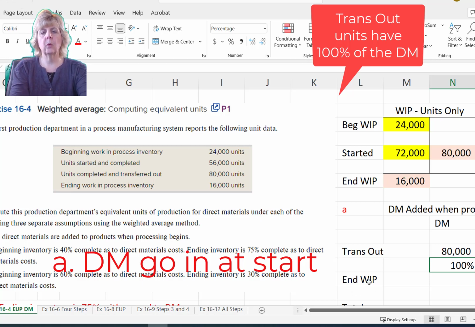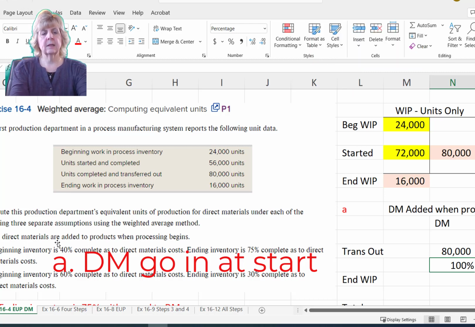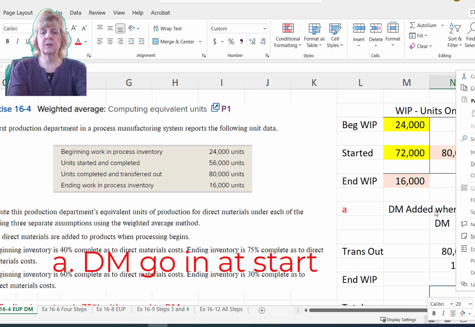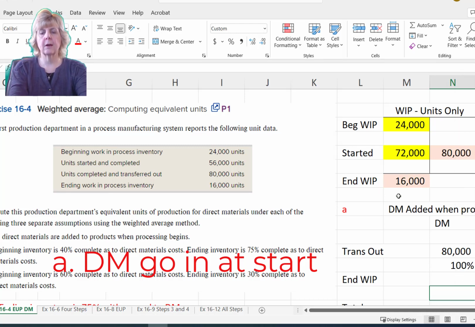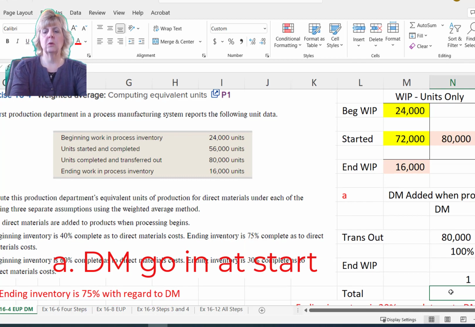It's the ending WIP that can be a little bit tricky. Letter A says since all the materials are added when the process begins, even though those 16,000 units are not finished yet, because the process has been started and all the materials go in when the processing starts, 100% of these units also would have received the materials.